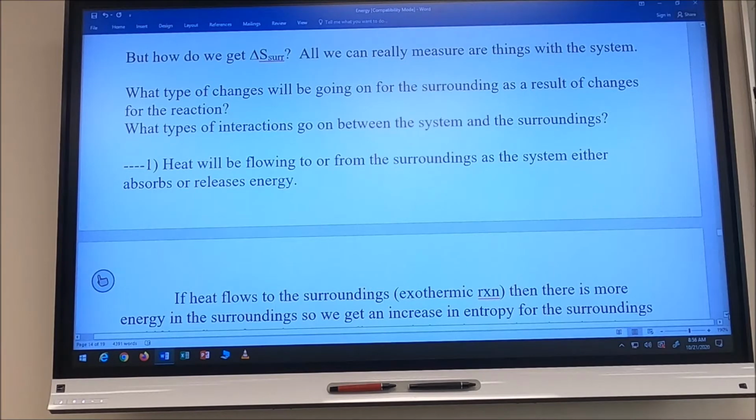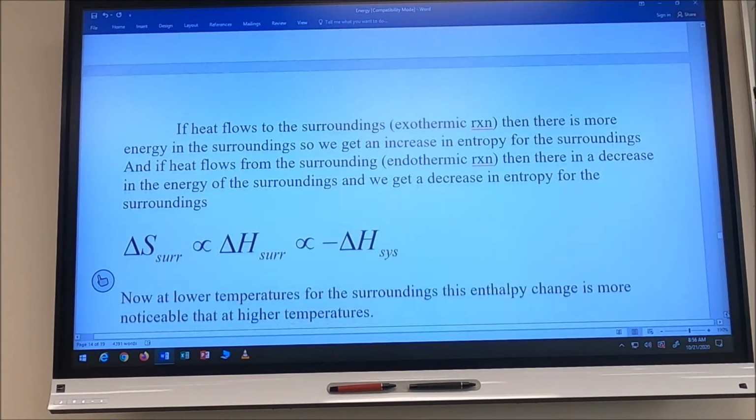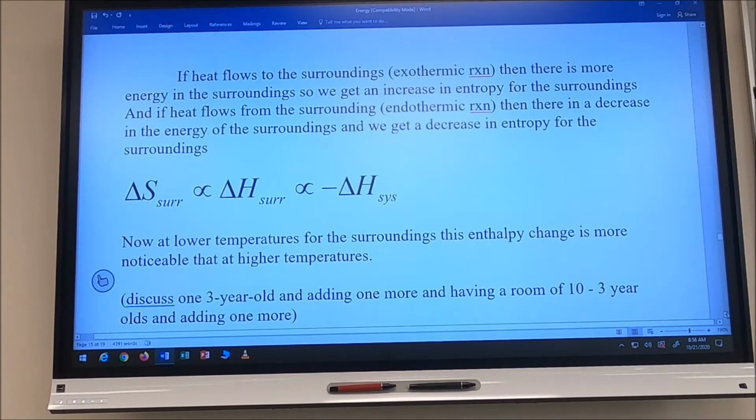If the heat is flowing to the surroundings, which means that the reaction is exothermic, there's more energy now in the surroundings, so we get an increase in entropy because the particles are going to be moving more. And if heat flows from the surroundings into the system, from the reaction point of view, we're looking at an endothermic reaction, then there's a decrease in energy of the surroundings, and we get a decrease in entropy of the surroundings.